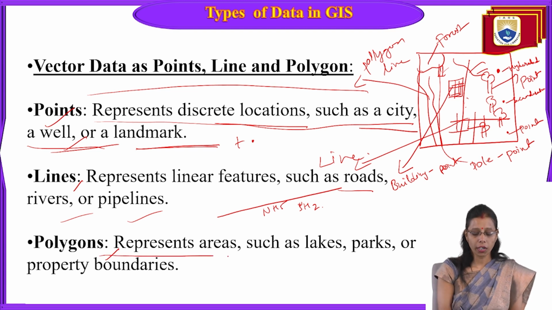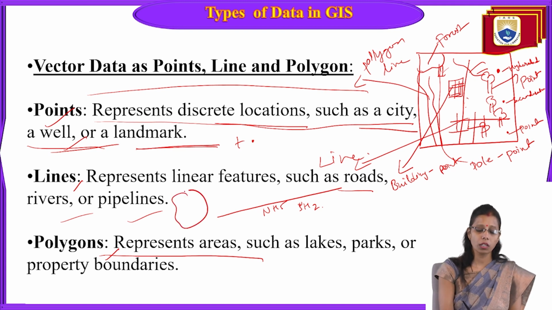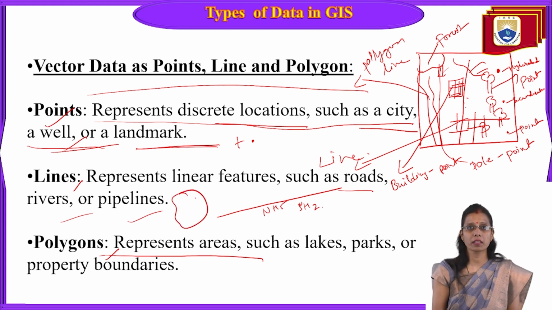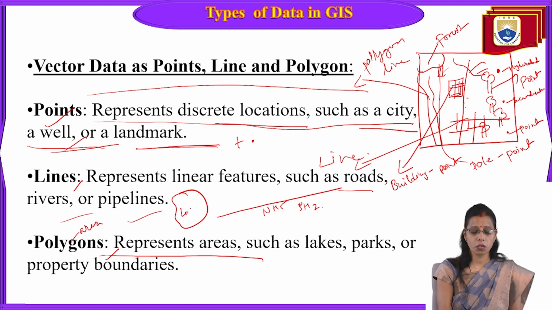Now polygon. So what type of features can we convert into a polygon? Such areas like lakes. A lake is a closed feature. So all the closed features we can show as a polygon, or we also call it an area. So a lake, if you want to show, we can show as a polygon. If you want to show a forest boundary, we can show as an area or polygon.